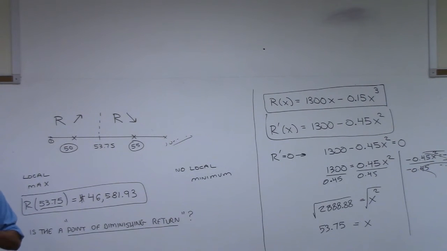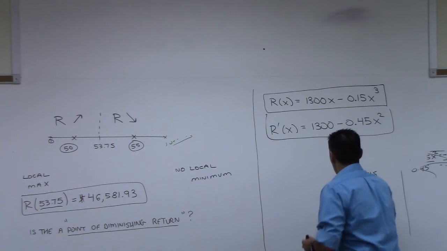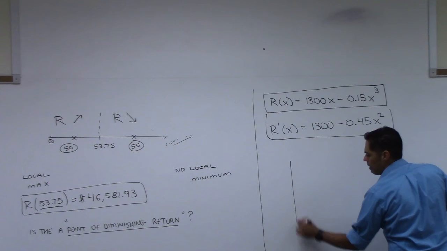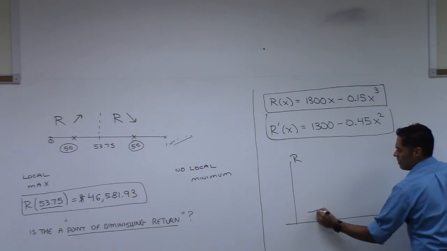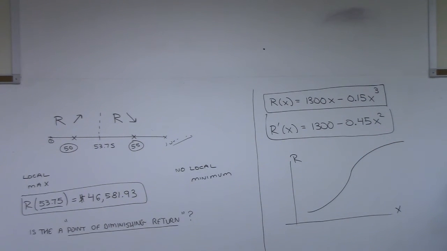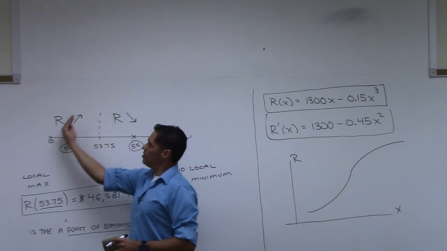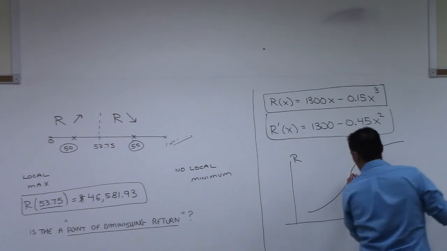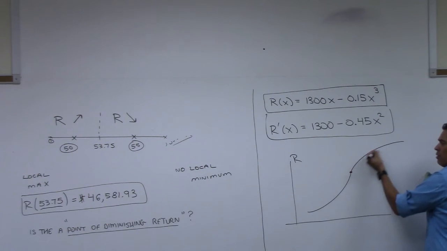So what we're looking for, I drew a graph of this. I'm going to leave that up there because I'm going to need that. What I showed you last class was that you could have a graph. Let's say you have revenue here, and say your revenue looks like this. Then your revenue is always going up, right? It's never going down. But there's an important point right here, where your graph goes from a smile to a frown.